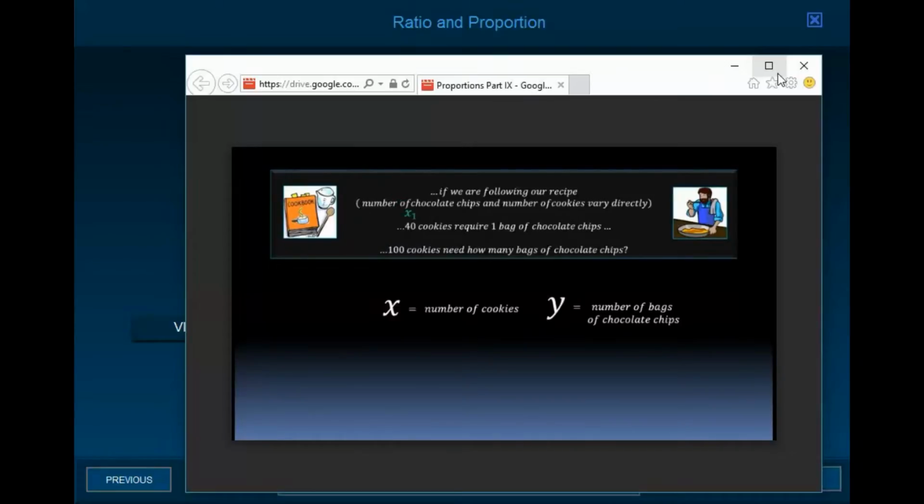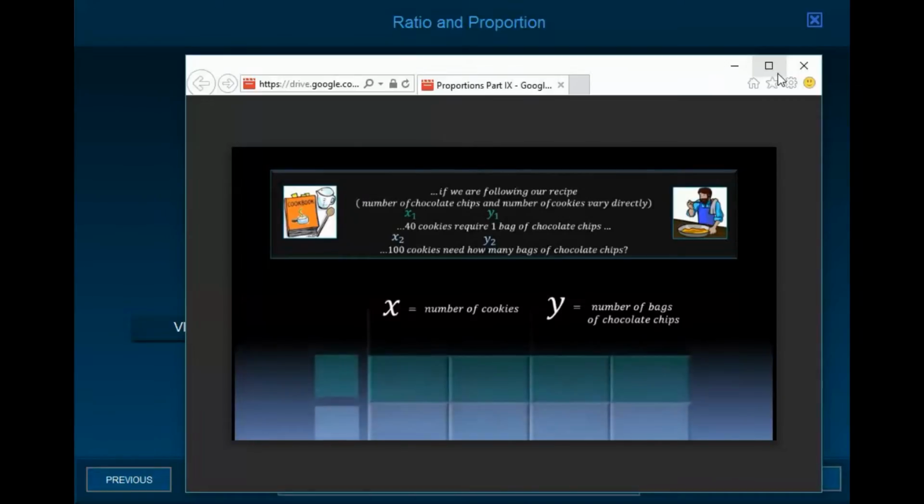We can say 40 is x sub 1, and 1 is y sub 1. And we want to know, if we have 100 cookies at a second point in time, how many bags of chocolate chips are required.